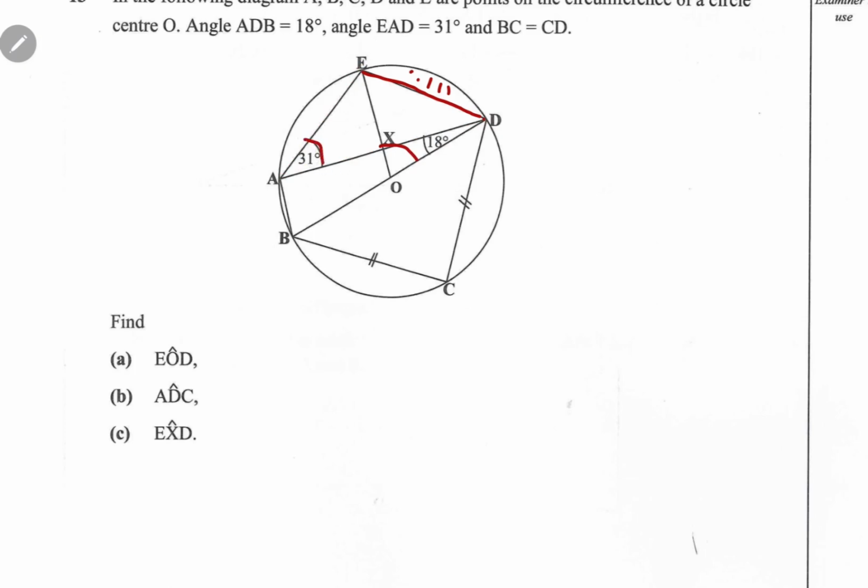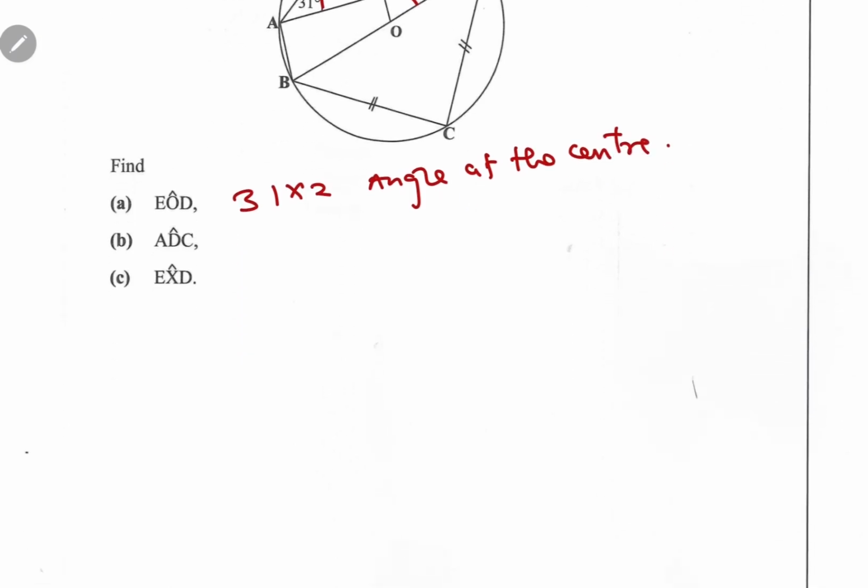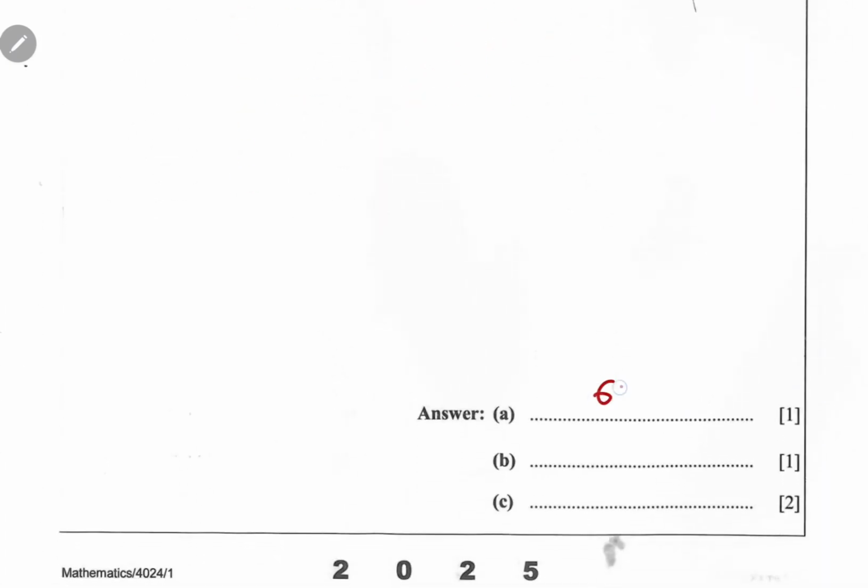So to find what is at the center, we are simply going to say 31 multiplied by 2, because the angle at the center is twice the angle at the circumference. That gives us 62, so this angle is 62 degrees.